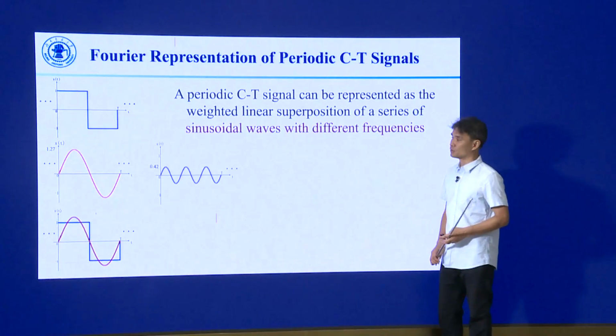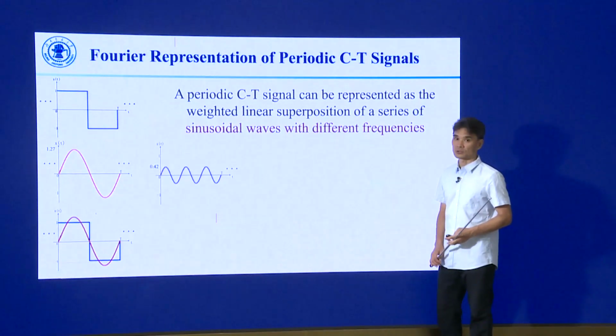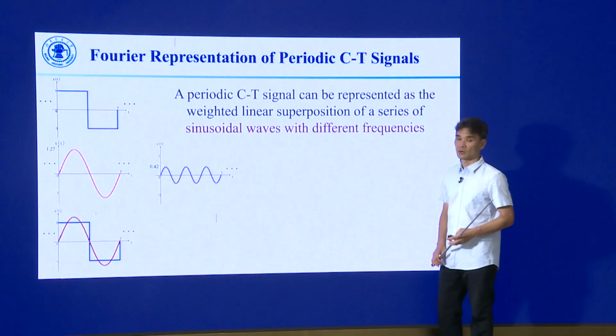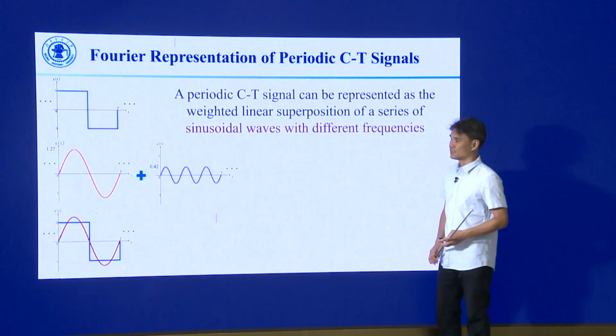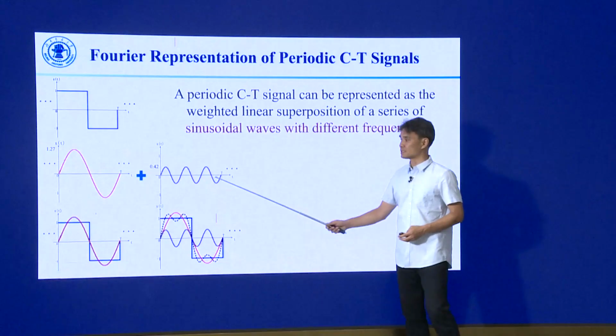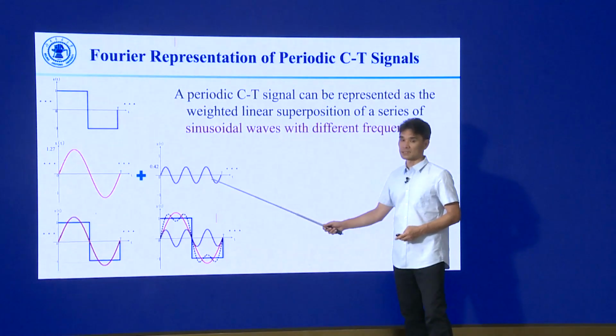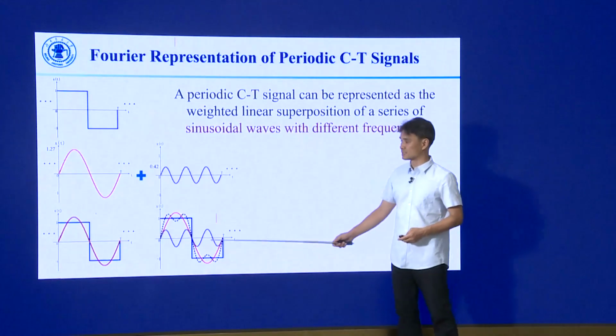If I allow you to use extra sinusoidal signals to approximate the original one, then you can probably find the best second sinusoidal signal to represent the original.